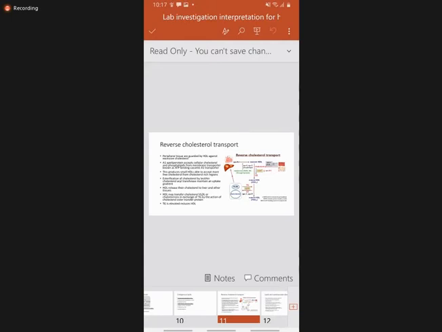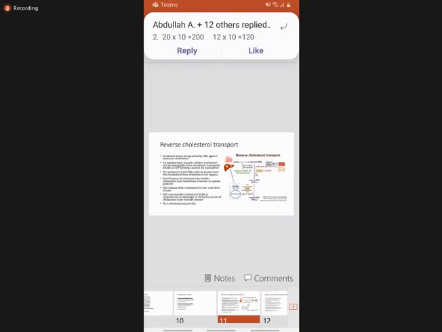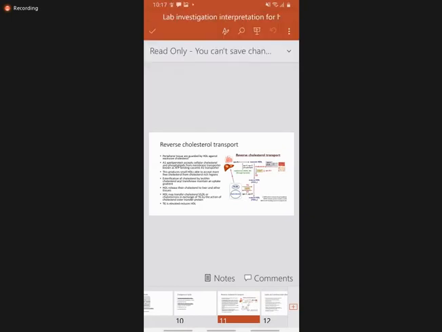In the diagram, this nascent HDL accepts more free cholesterol from cholesterol rich regions, right? It produces small HDL that is able to accept more free cholesterol from cholesterol rich regions. Now what happens when they accept this cholesterol?